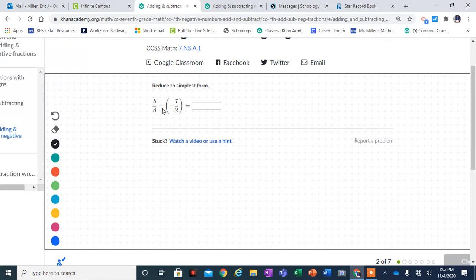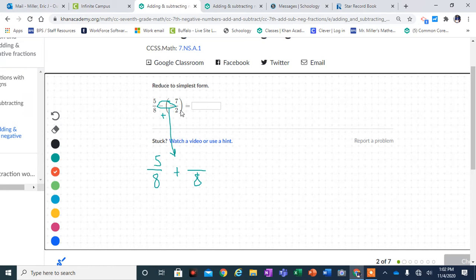All right, for this one we need to be a little bit careful because of the fact that we have that minus a negative. So that minus a negative right there becomes a plus sign. We have an 8 and we have a 2. So really we could keep this as 5 over 8. The minus a negative became a plus sign. And then we could make the 2 become an 8.